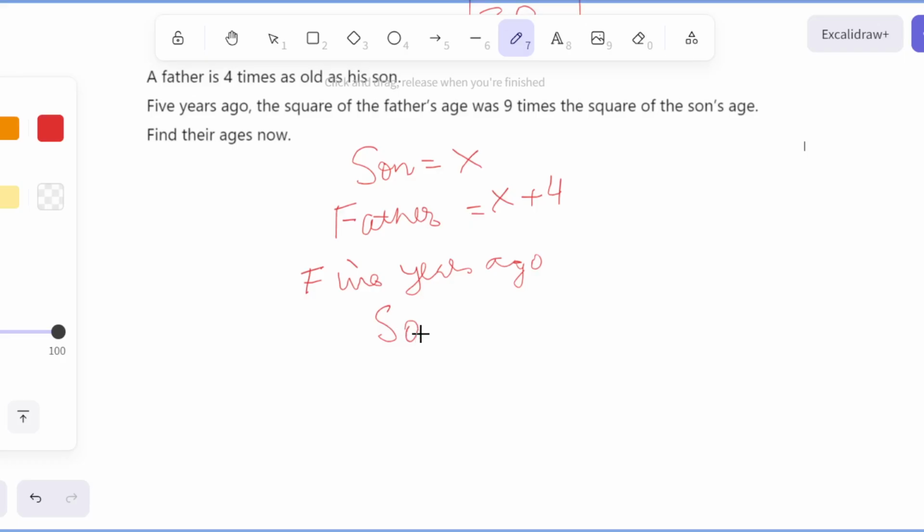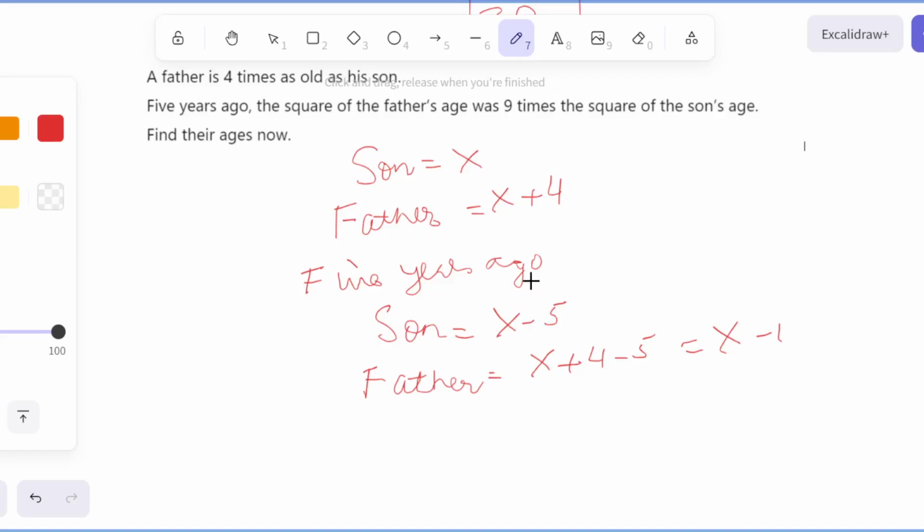The son will be x minus 5, because currently the son's age is x. So 5 years ago, definitely x minus 5. Similarly, the father will also be 5 less, which comes out to be x minus 1.